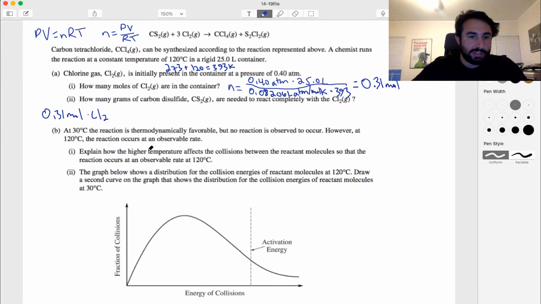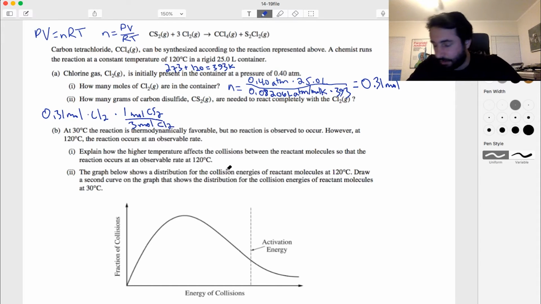And so what are we going to do here? So we need to look at the stoichiometric coefficients. If that many moles of Cl2 react, how many moles of CS2 are going to react? So there's going to be 1 mole of CS2 for every 3 moles of Cl2, right? Because we have a 1-to-3 ratio right there.